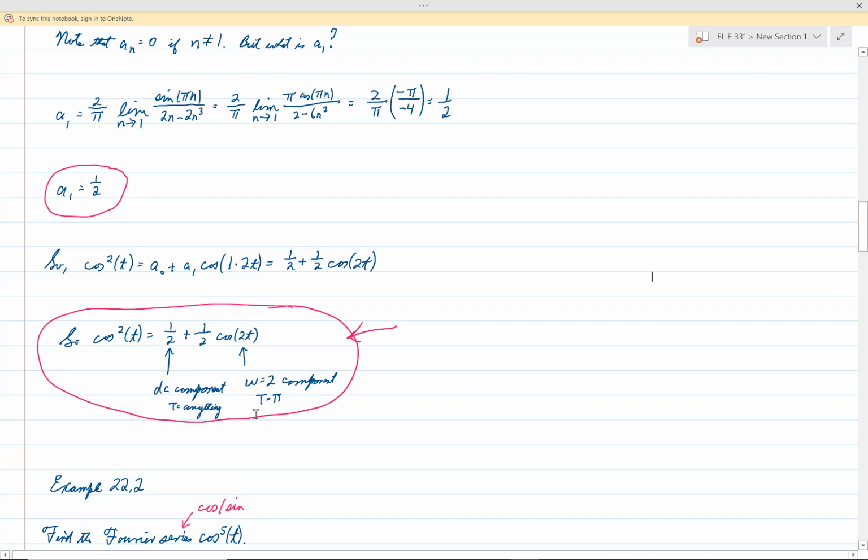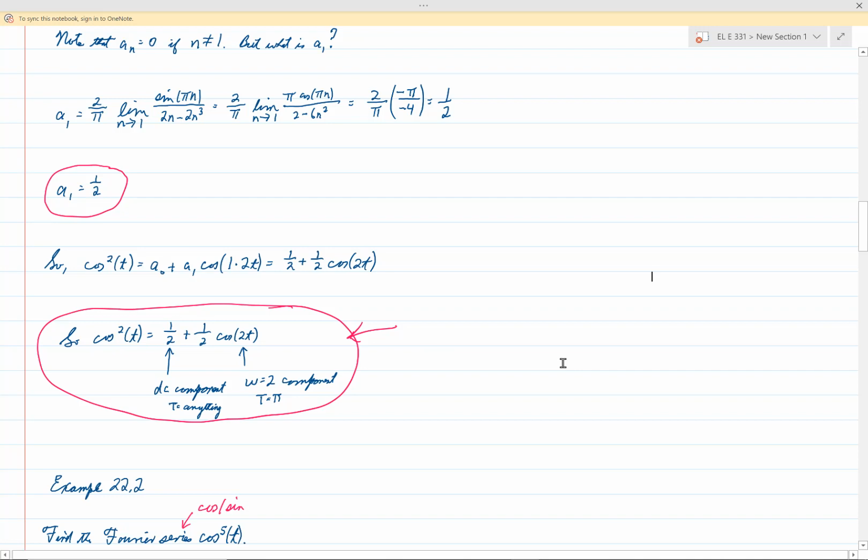And so the overall period of the sum of these two components is, in fact, pi, which agrees with what we said earlier about the period of cosine of t raised to an even power. So that's how we would do example 22.1, finding the Fourier series of cosine squared of t.